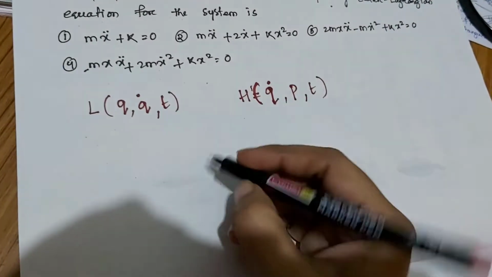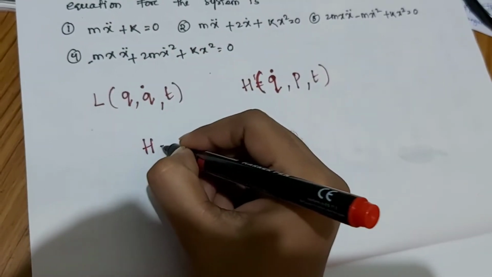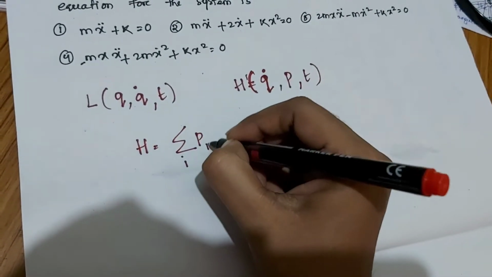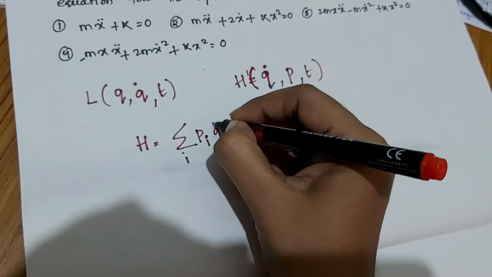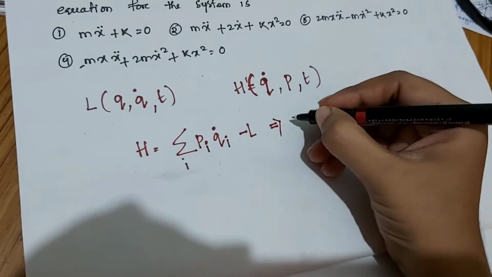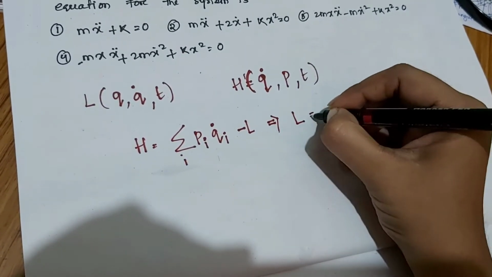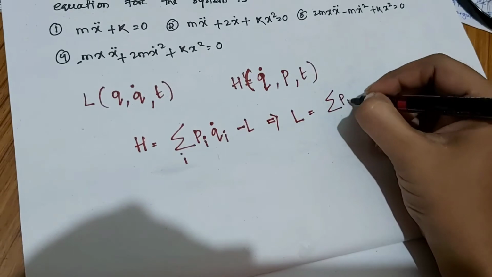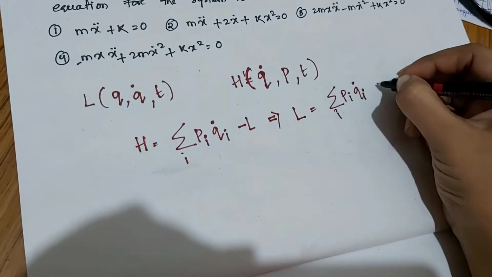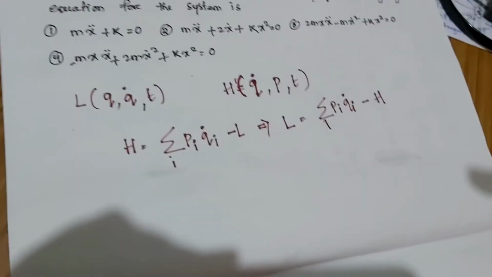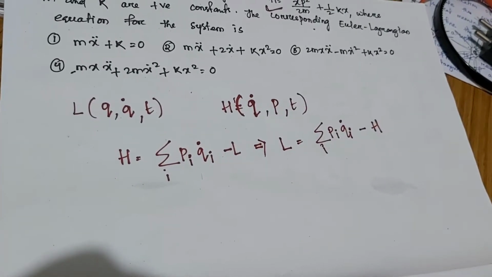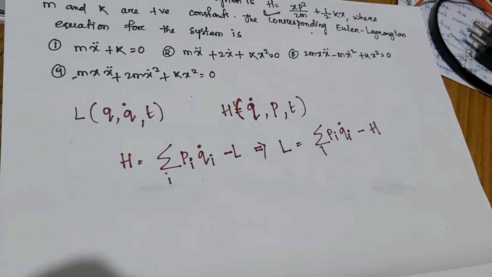They are related by H equal to summation over i of p_i q_i dot minus L, and from this we can see L is equal to summation p_i q_i dot minus H. I am not going into details of how these came, because I hope you know this.